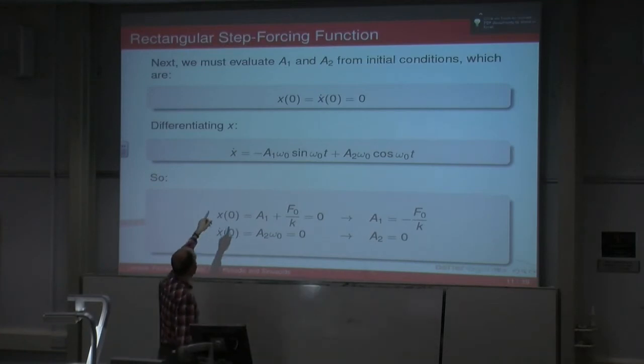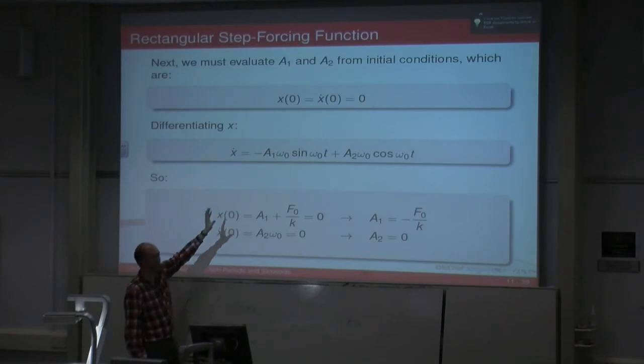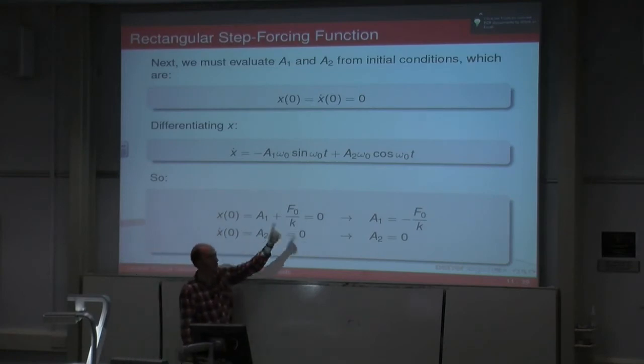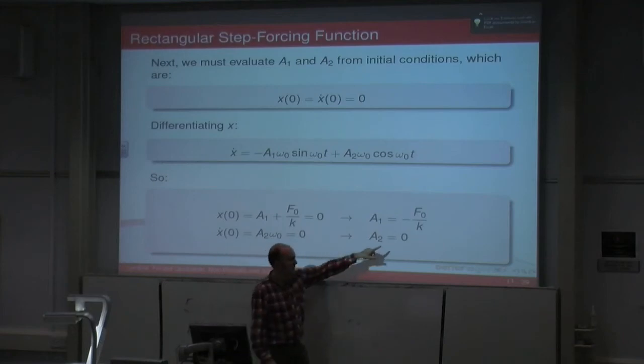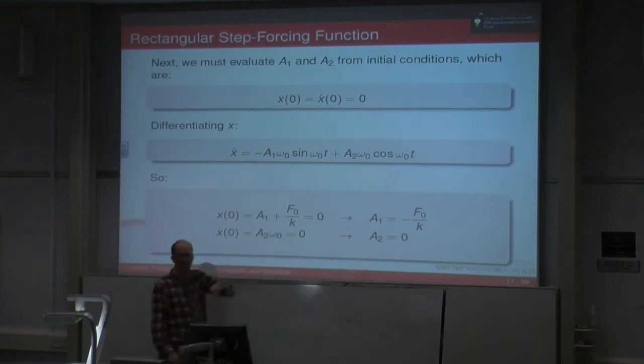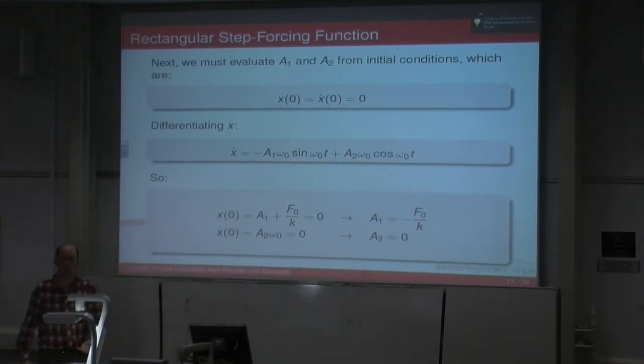If we apply 0 to the differentiated equation, the sine of 0 becomes 0, so A1 disappears. Cosine of 0 becomes 1, so we end up with an A2 omega naught term. And that equals 0 because there's nothing else, and so A2 must be 0 because omega naught, the natural frequency, cannot be 0. Okay?